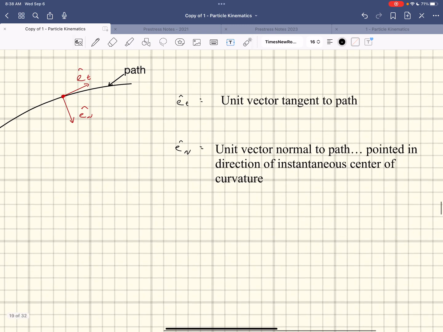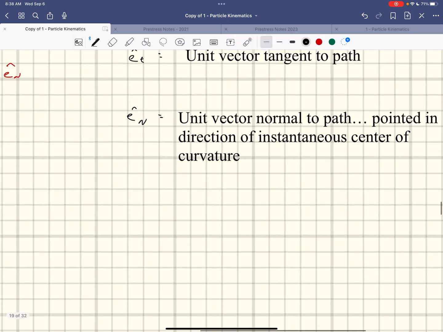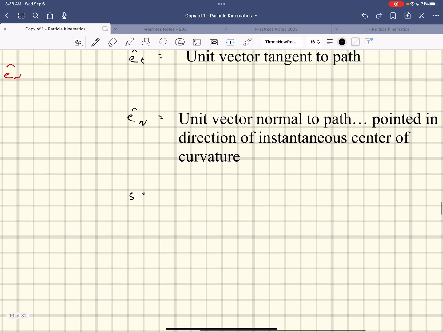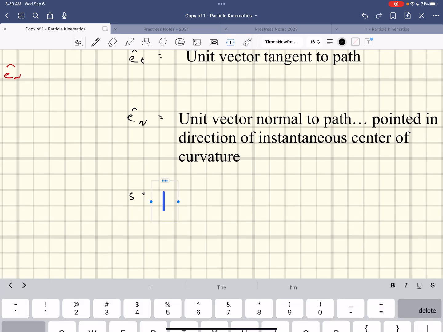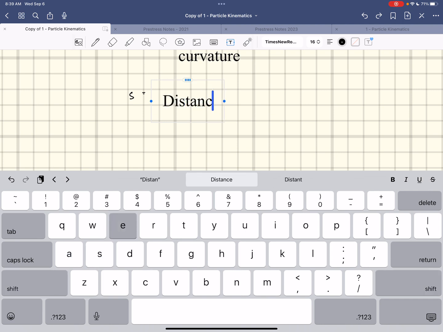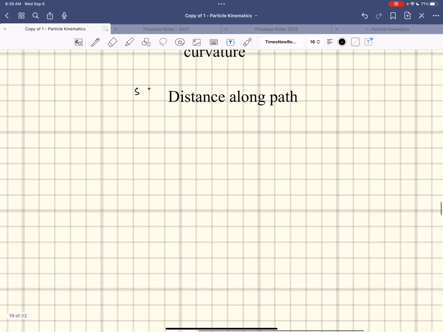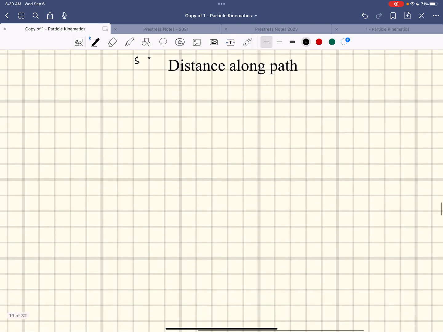All right, some more things. Let's define S. I don't think I drew S on here yet, but S is the distance along the path. Okay, that'll come in a little bit later. And then rho is the radius of curvature.